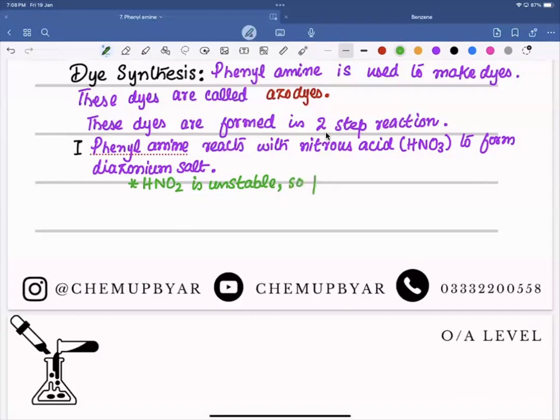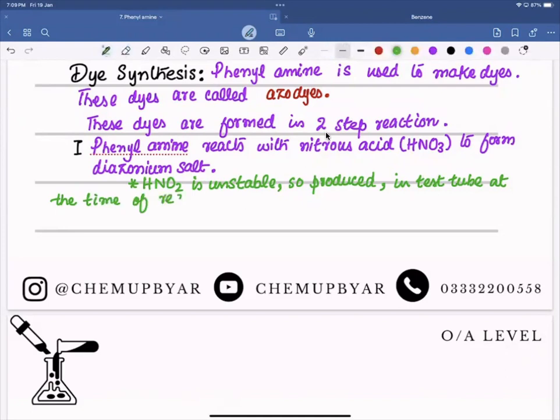So we produce it in the test tube at the time of reaction by mixing NaNO2, sodium nitrite, and hydrochloric acid.